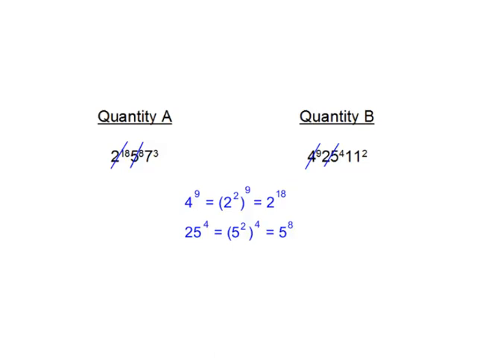And if you actually replace the 4 and the 25 by their powers of prime numbers, as shown, those terms in the 2 quantities are equal and can therefore be ignored. They're affecting both quantities equally, so we don't care about them. So really this question boils down to 7 to the third versus 11 squared. Numbers that you may know off the top of your head, or quickly plug into the calculator.